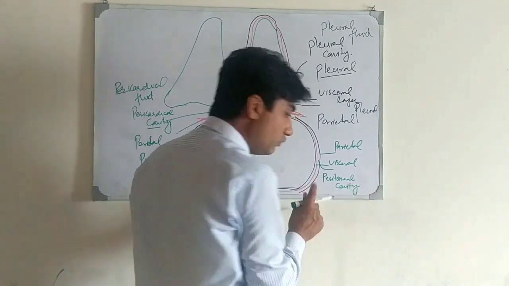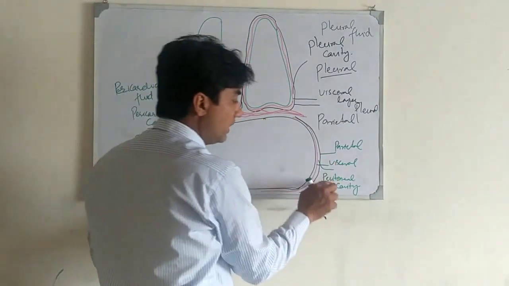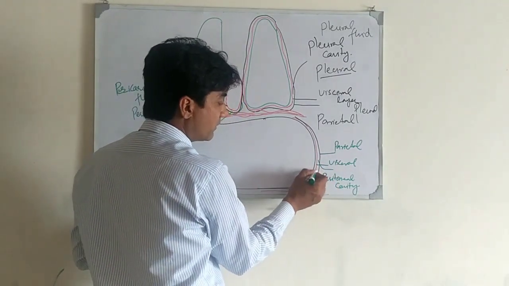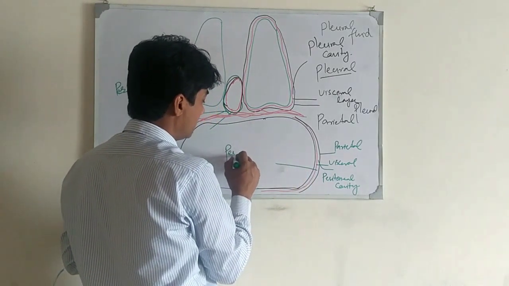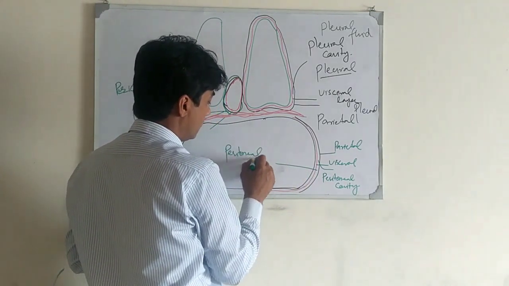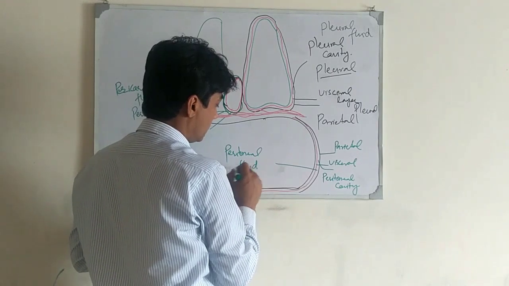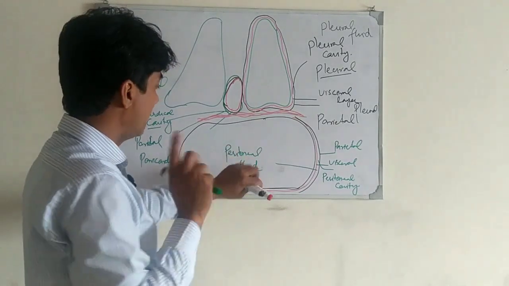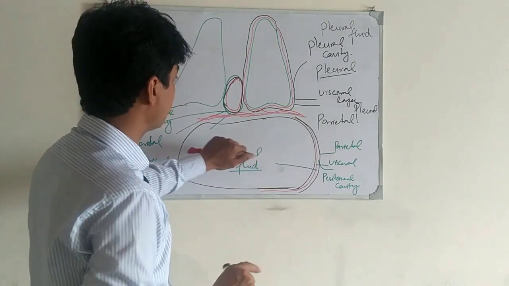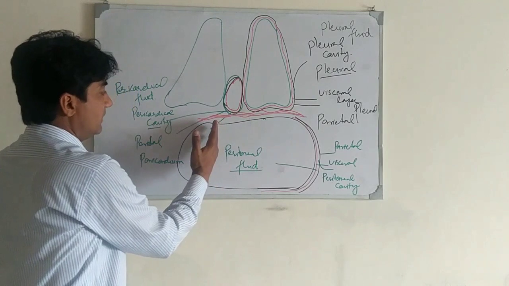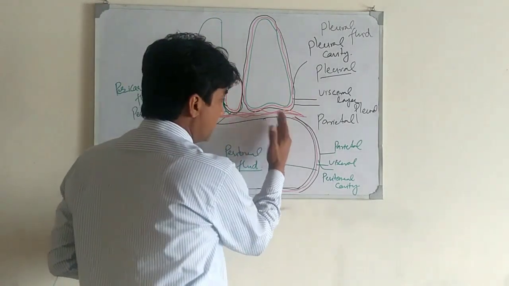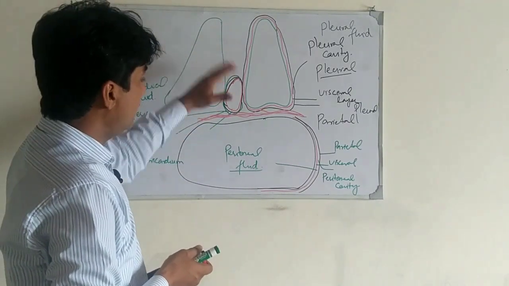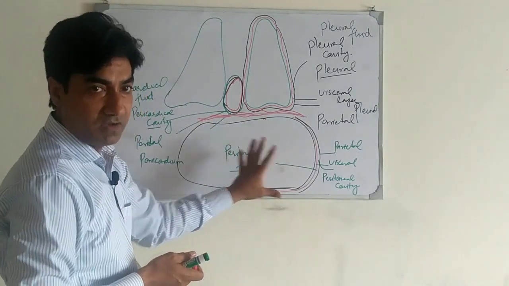The fluid between these two layers, in the cavity, is called peritoneal fluid, to prevent friction. So these are the ventral body cavities, in which the thoracic cavity and abdominopelvic cavity are included.